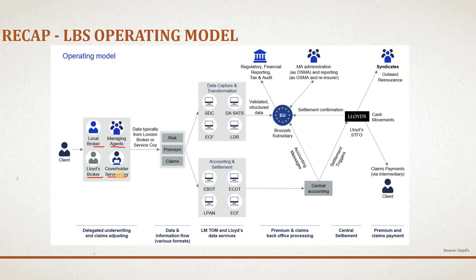So this will largely be unaffected. STFO will come into the picture when it comes to premium collection or paying the claim. Last but not least, the risks are automatically reinsured back to the syndicates. As I said earlier, in the next slide I will show how the risk is flowing back to the syndicates or managing agent for better administration.